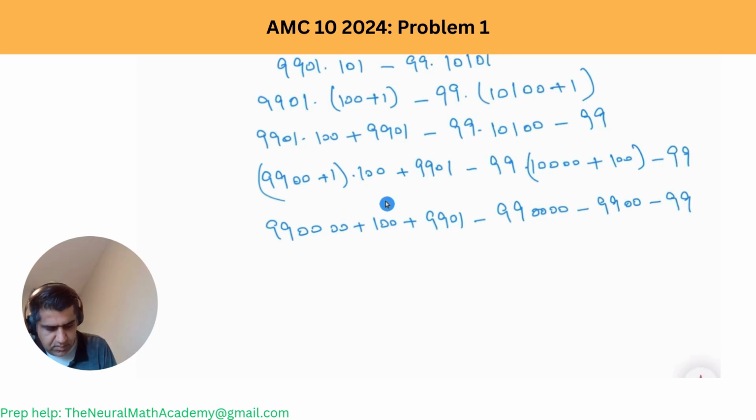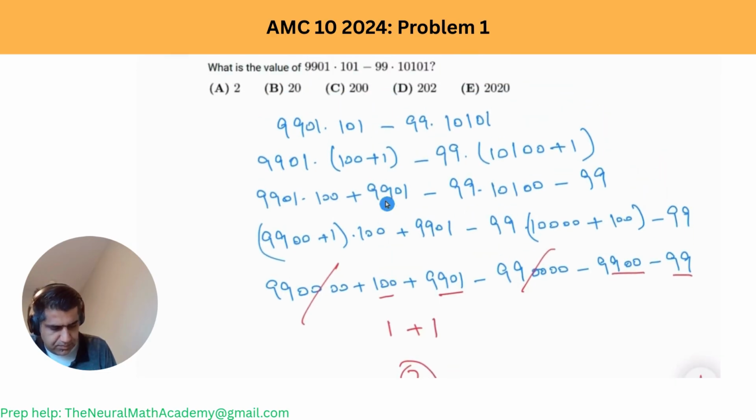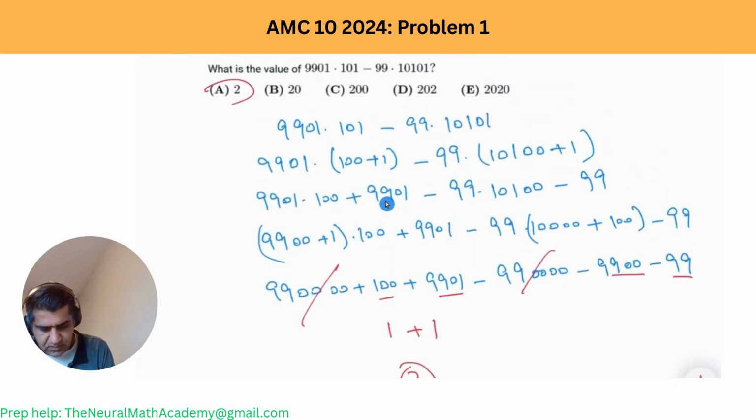Now I will cross out these numbers, and also I can, if I solve, I would get 1, and if I solve this number, I would also get plus 1. So the answer is then 2 for this problem. So the answer is A.